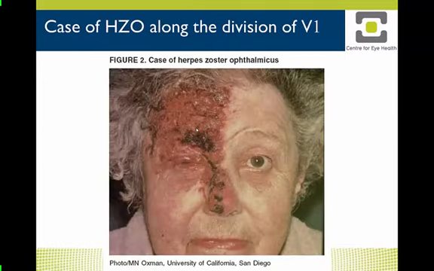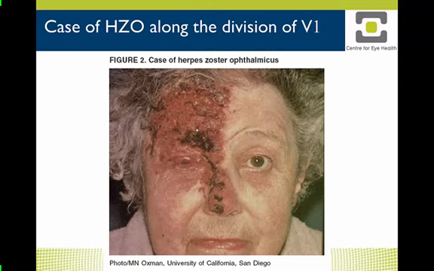Now, the very critical thing to remember is that if you suspect that a patient who comes in with signs may potentially have herpes zoster, it's very important that they get put on systemic acyclovir, typically within 48 hours.